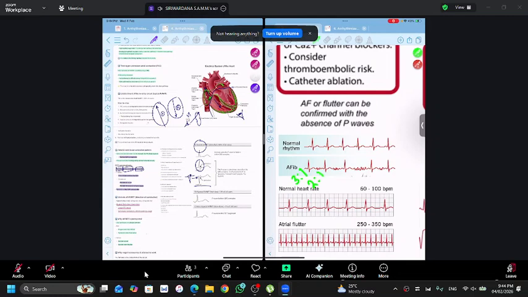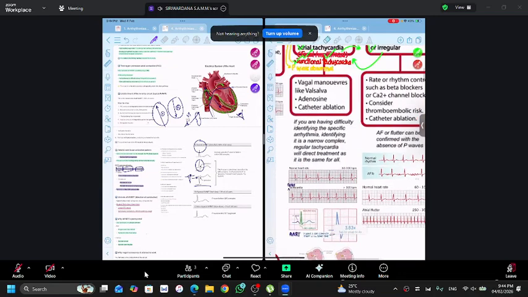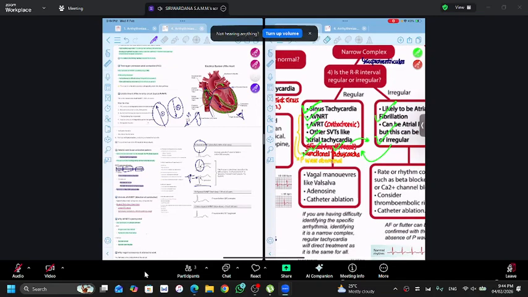It can have a regular pattern as well, but then again, the P wave will be very abnormal. Sorry, this is atrial fibrillation. In atrial flutter, you can see flutter waves, and you can differentiate. Again, P wave difference. So all of these are diagnosed based on slight differences in P wave morphology.